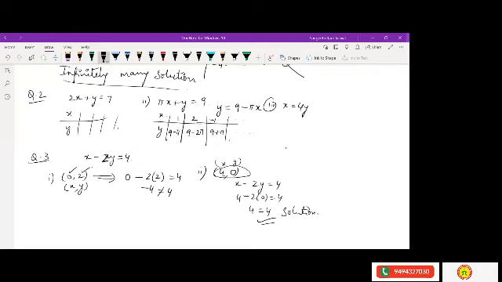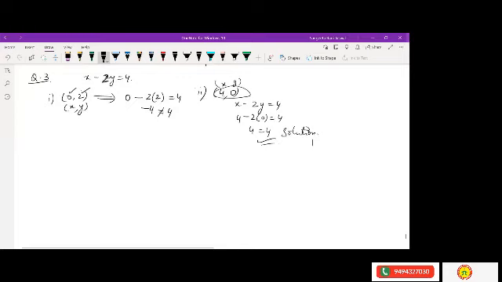Are you understanding? Similarly, you have other parts also. Suppose, say, the fourth one, I'll do. The x coordinate is root over 2, and the y coordinate is 4 root over 2. In the same way, you put these into the given equation, x minus 2y equals to 4, and check whether this is the solution. That means the left side should be equal to the right side.